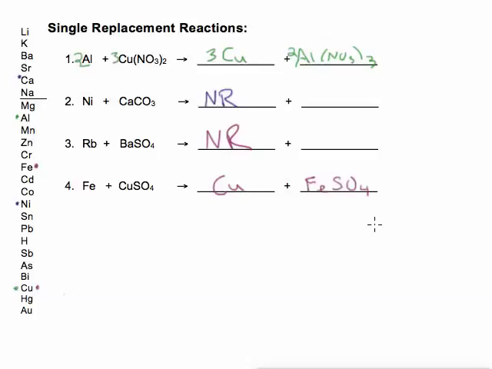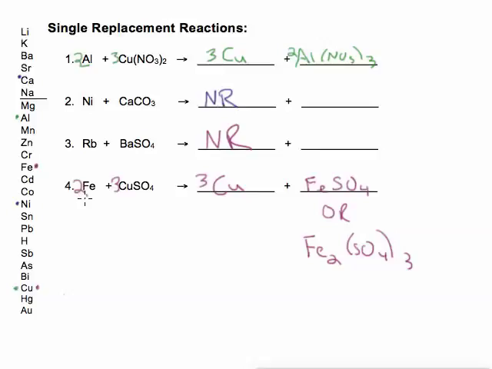If I said I made iron 3, I would have Fe2(SO4)3. For the first one, it's already balanced. For the second one, we would have to do 3, 3, 2. I would accept either answer as correct.